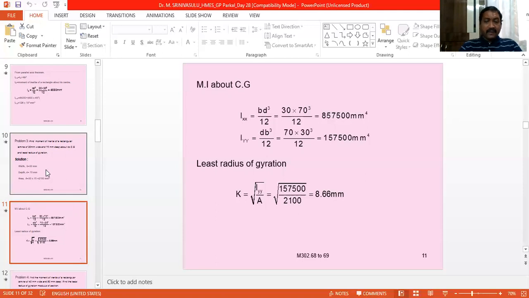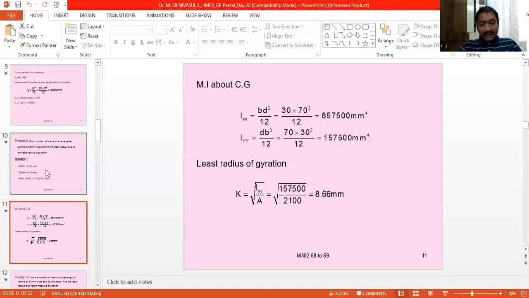We will get two radii of gyration, but we need to find only the least one. By seeing the Ixx and Iyy values, Ixx has the larger value, 857500, and Iyy has the smaller value, 157500. Therefore, the least radius of gyration will be when we take the moment of inertia about the y-axis, that is Iyy.